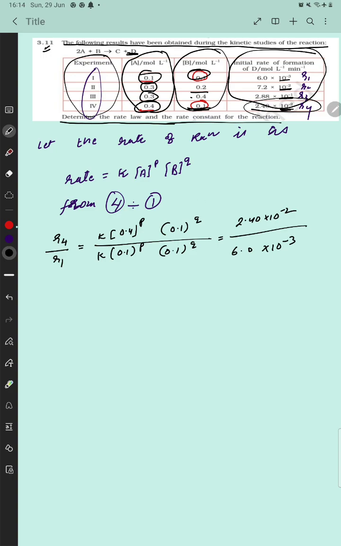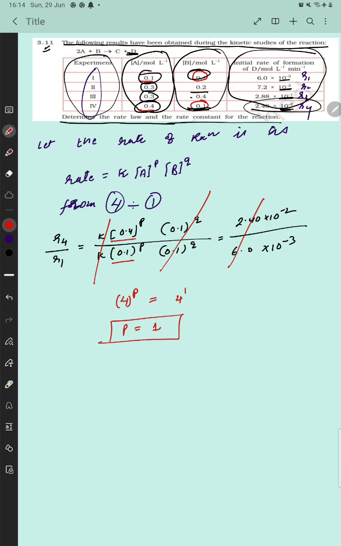K cancels out, B cancels out. So 4 power P equals 24 divided by 6, which is 4, so 4 power 1. So P is equal to 1.